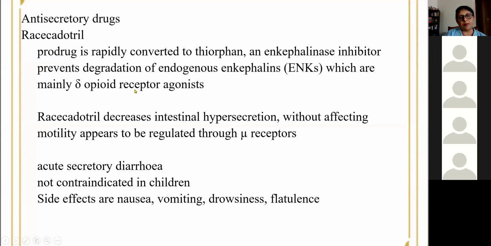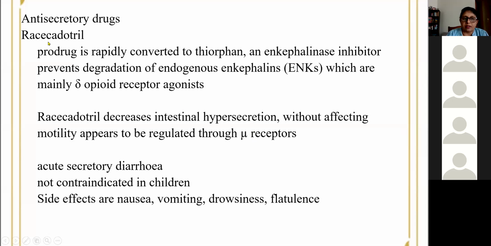Drugs acting on delta opioid receptors prevent the secretion, whereas mu receptors regulate motility. So already you had studied this for constipation, or I don't know whether it was discussed. So delta opioid regulates intestinal secretion, whereas motility is regulated through mu receptors. Okay, that is the basis.